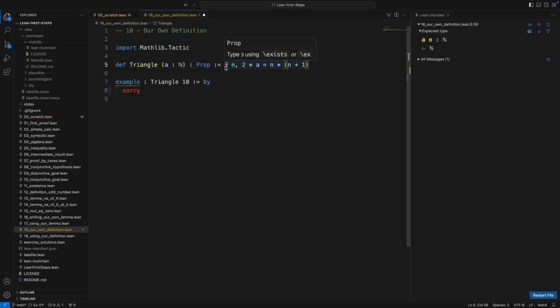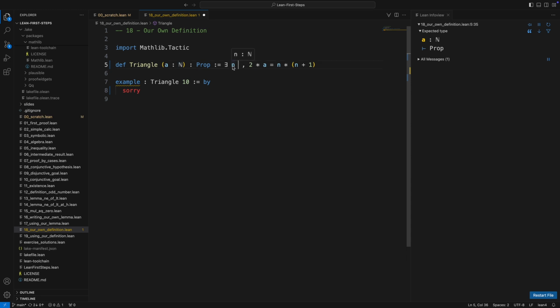So this is familiar. There exists a natural number n such that 2 times a, and actually there's an interesting point there. If I didn't define the type of the natural number, if I didn't say it was a rational number or an integer, the assumption is that it's a natural number.